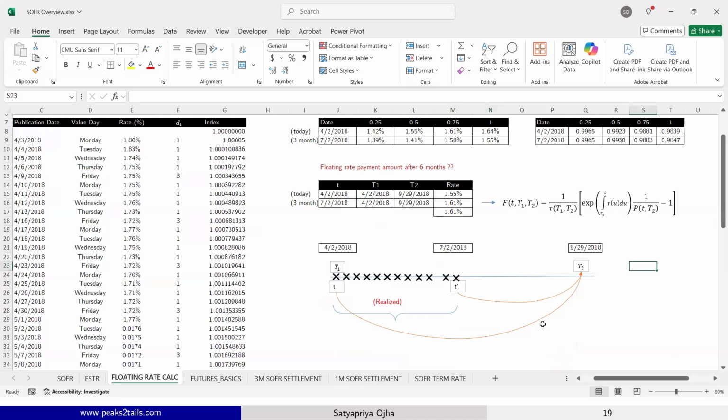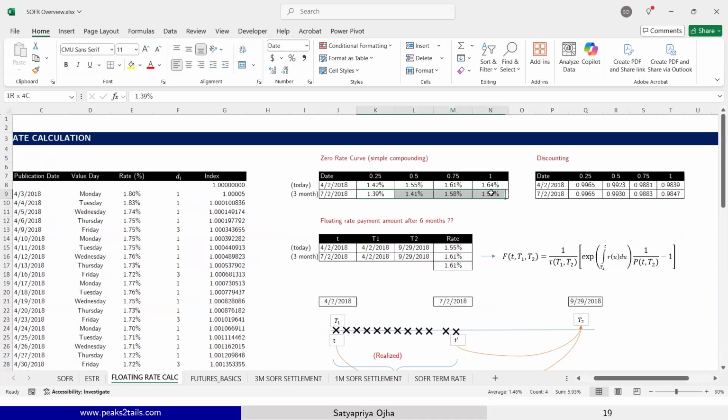Okay. So it's simple. Now what you need to do is, on this particular day, 7/2/2018, which is 3 months down the line, you have your new yield curve. Every day you are constructing the yield curve, correct? So on this day, you need to take the 3-month rate because that is the part that is remaining. From this day, the 3-month rate would be this rate, correct?